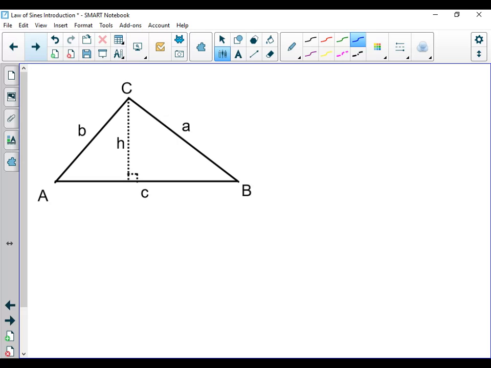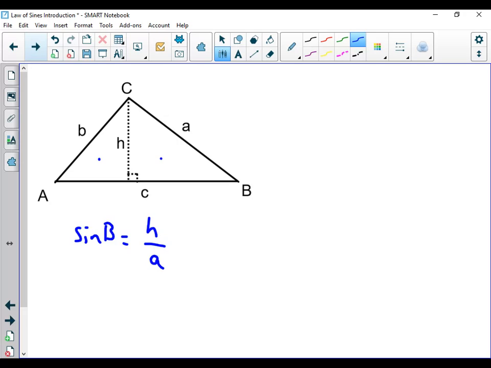Well, a second ago, we worked on this side. We said, well, to find H, I could do the sine of angle B, and that was H over A. And then once I dealt with that, I went over to this triangle, and I dealt with H again.